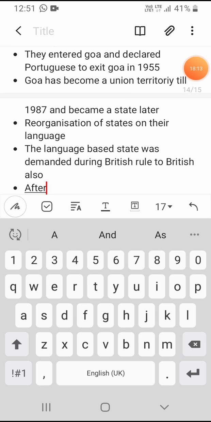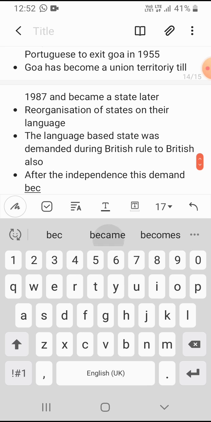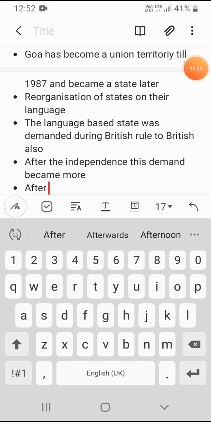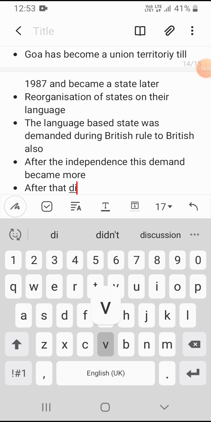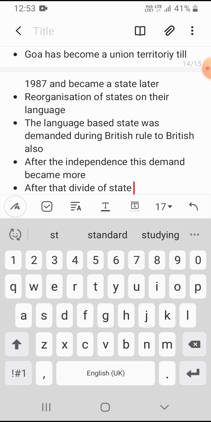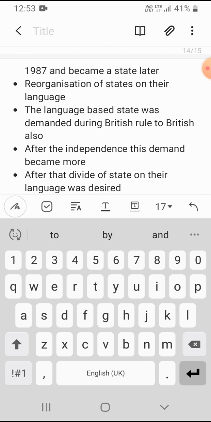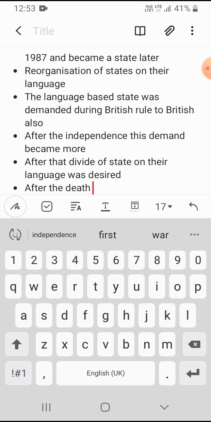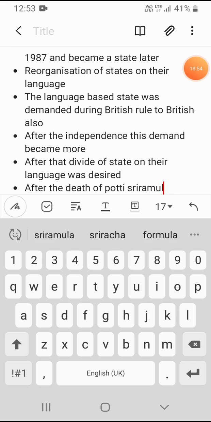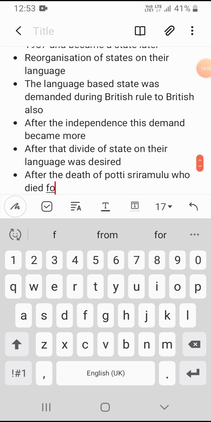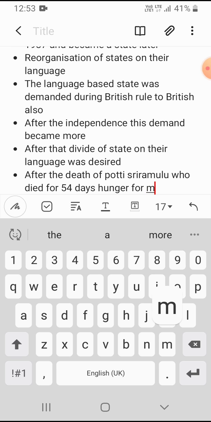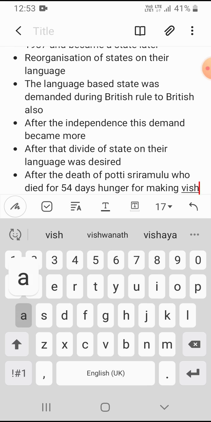After independence, this demand grew, and the division of states on language was decided after the death of Potti Sri Ramulu, who died after a 54-day hunger strike for making Vishala Andhra.